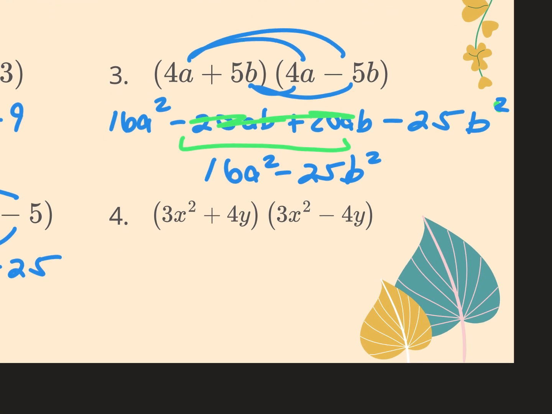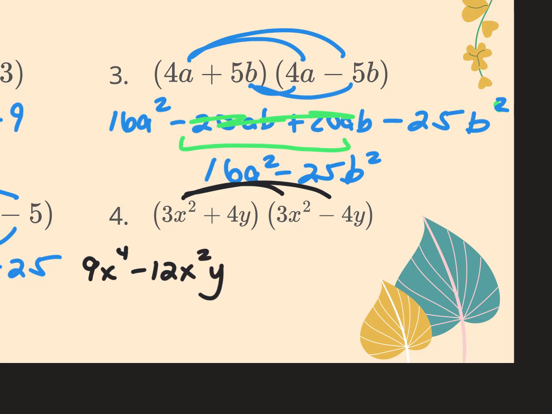All right, let's look at number 4. Same thing. First term's the same, second term's the same, signs in the middle are different. What should happen to your middle terms when we FOIL? They should cancel. All right, so 3x squared times 3x squared. 3 times 3 is 9. That gives me x to the what? 4th, good. 3x squared times negative 4y is negative 12x squared y.